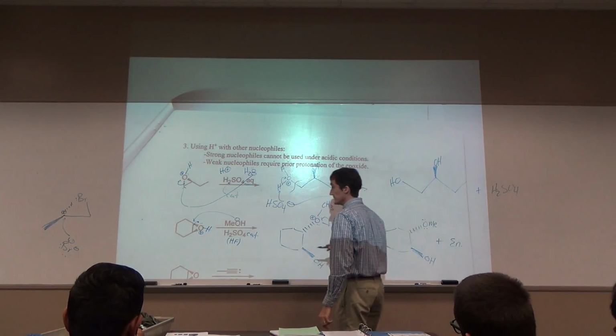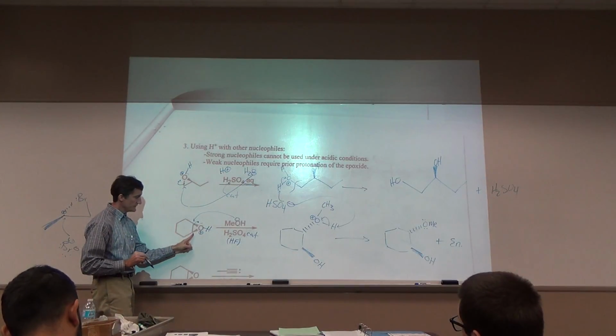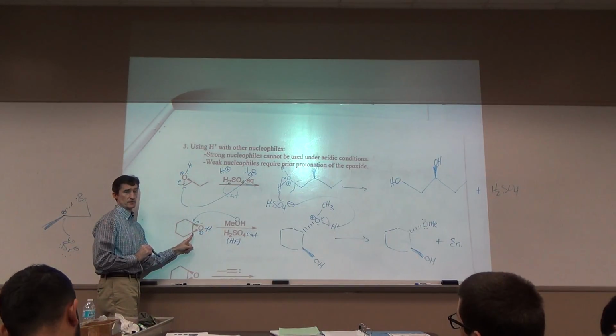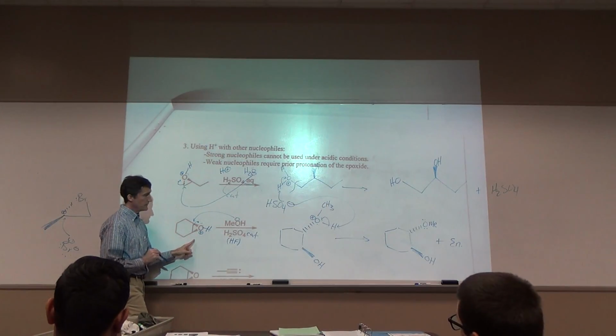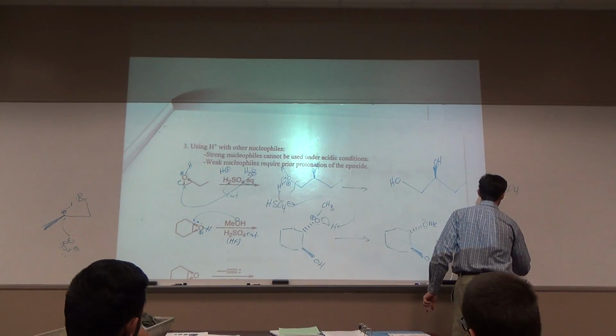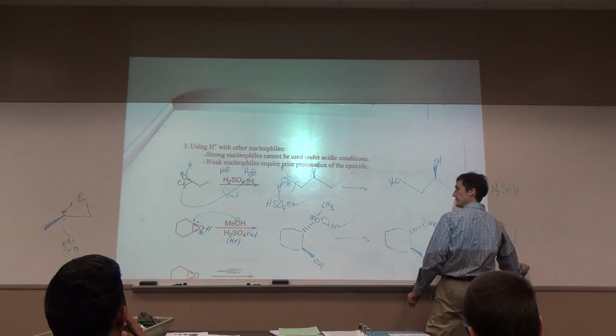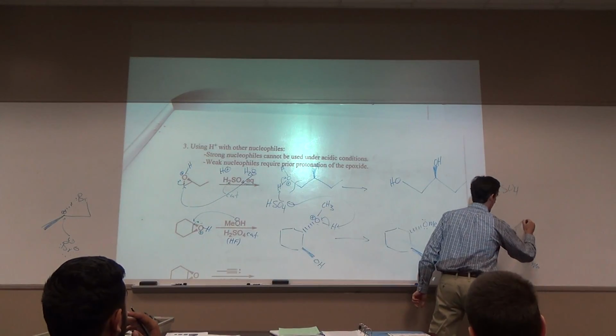How do you get the enantiomer? Actually, if you attack down here, you would get the enantiomer. Because it would look like what? If you attack below, you'd have the O-methyl at the bottom, but it would be back. And the OH would be here.